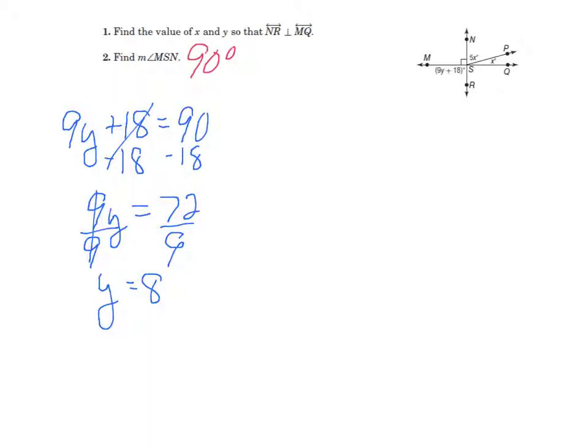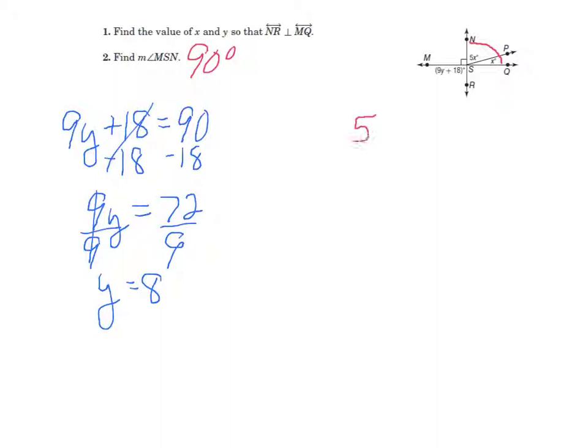Okay, that wasn't too hard, but now we have to find x. These two angles over here on the upper right side corner add together to make 90 degrees. So 5x plus this x degrees here should add together to make 90 degrees, because I know that this line and this line form a 90 degree angle. So what I have to do for this one is add these two angles together.